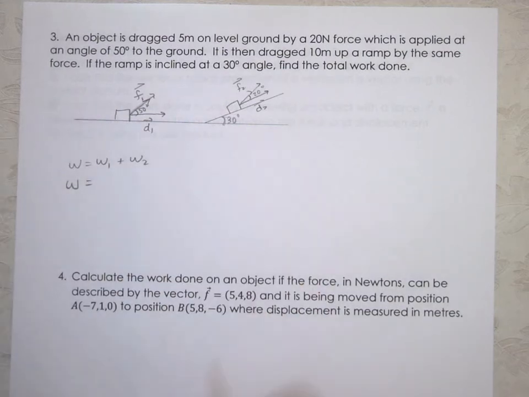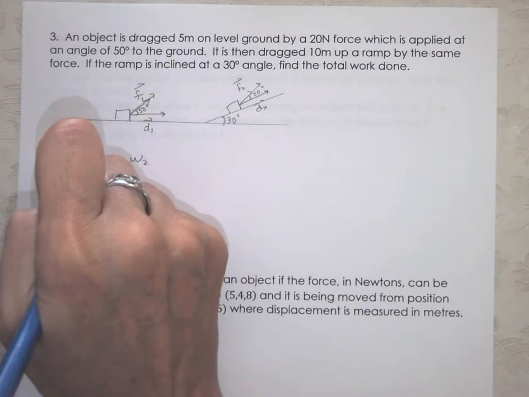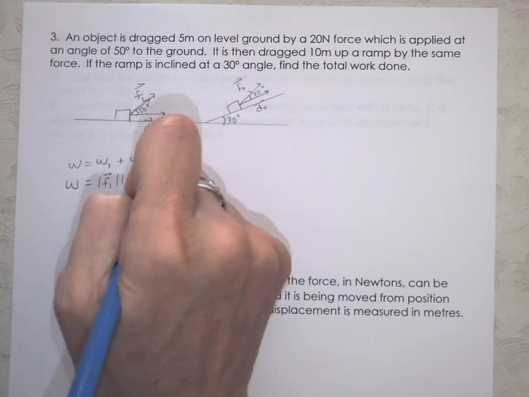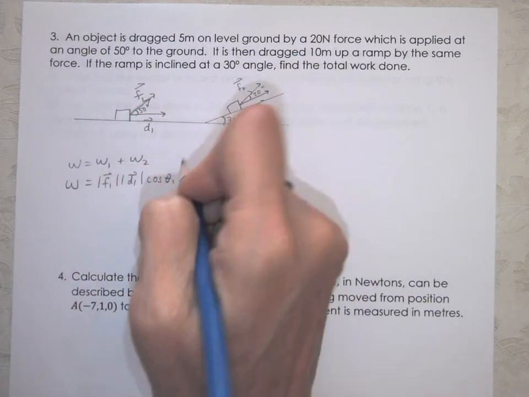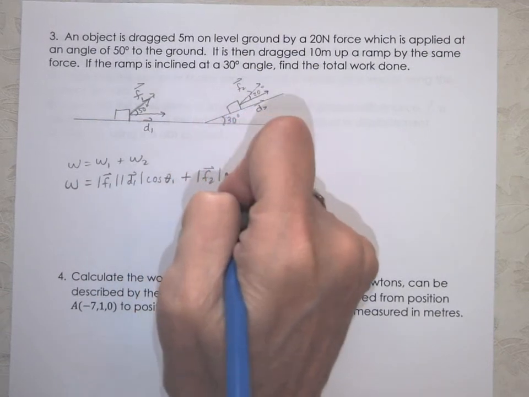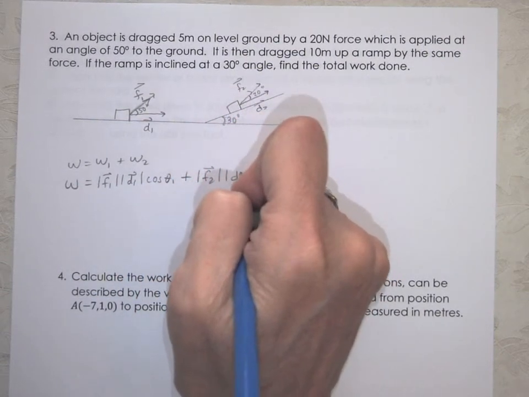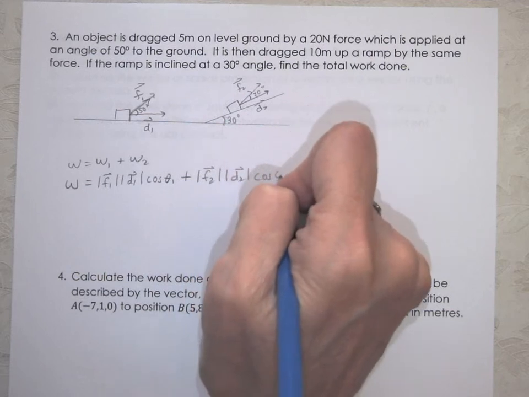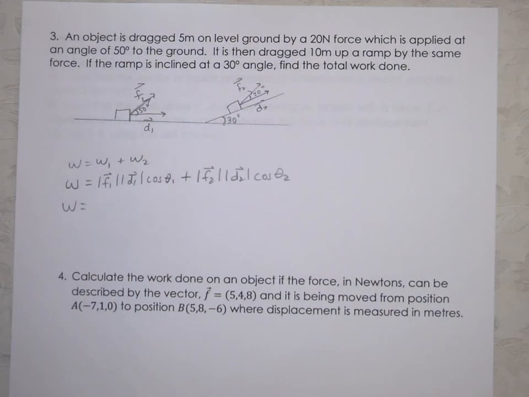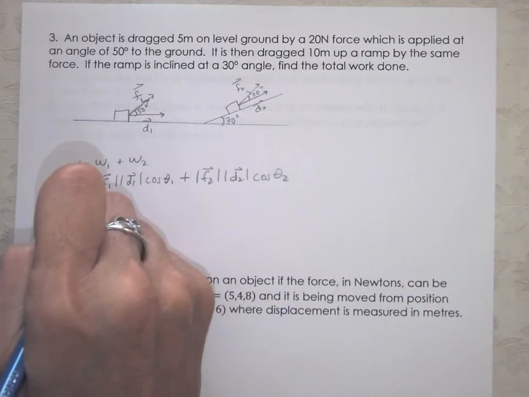So my total work is going to be work 1, which is the magnitude of F1 times the magnitude of D1 times the cos of theta 1, plus work 2, which is the magnitude of F2 times the magnitude of displacement 2 times the cos of theta 2. Then we can substitute in our numbers. The magnitude of the force is 20 newtons.